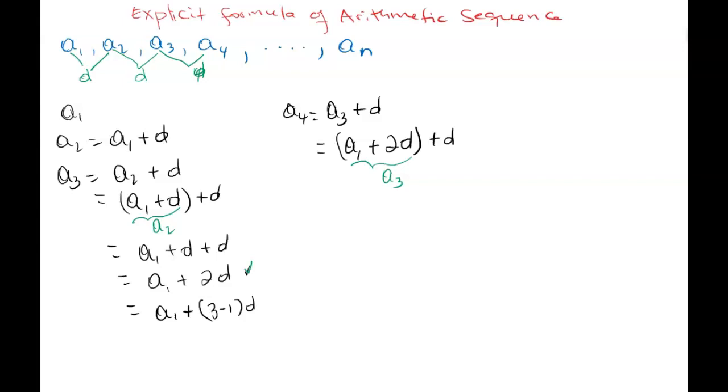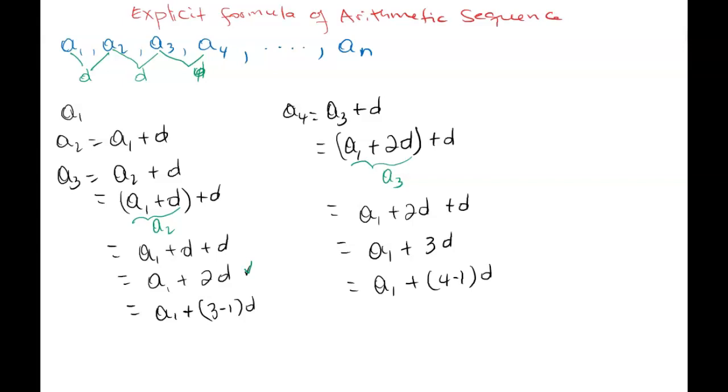Now, if you simplify, you have a sub 1 plus 2d plus d, and that's equal to a sub 1 plus 3d. Again, I can bring your attention to the fact that 3 is equal to 4 minus 1, so we can always put that as a sub 1 plus 4 minus 1 times d.